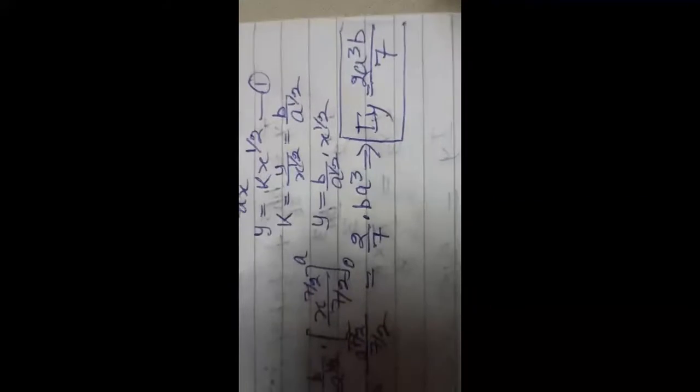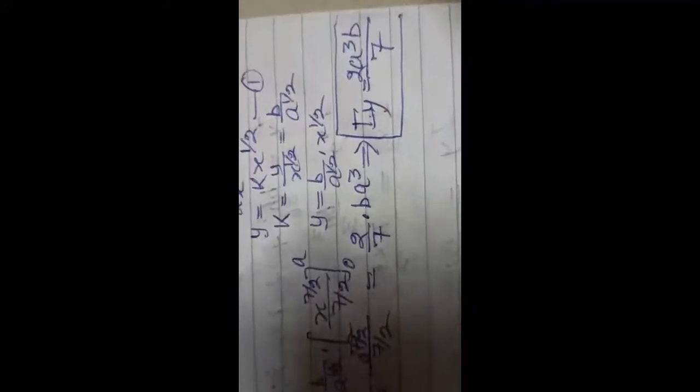So 6 by 2 is 3, it will be equal to a cube. So from this we can find out the value: Iy is equal to 2 a cube b divided by 7.